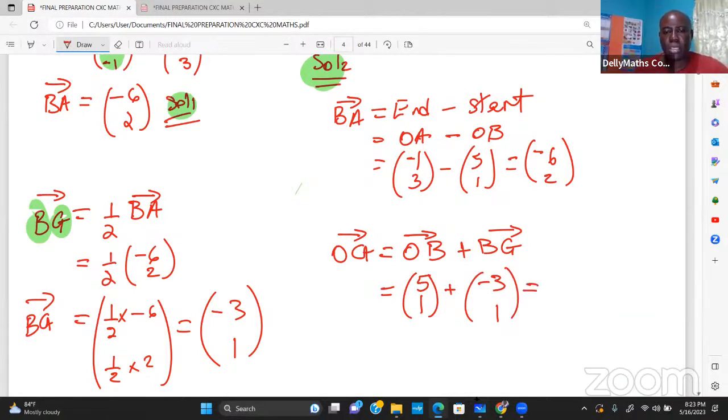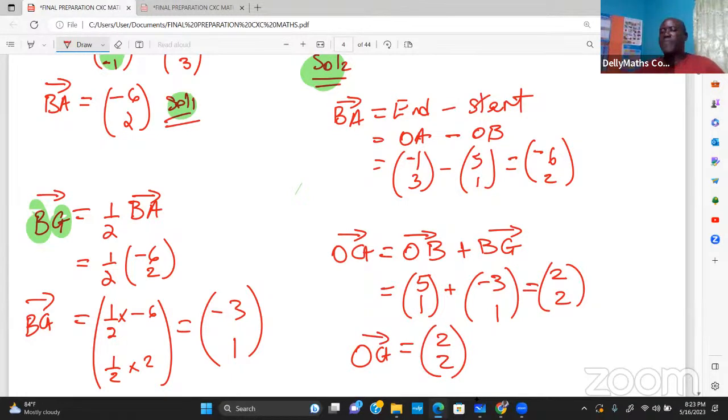Finally, 5 plus -3 is 2. 1 plus 1, 2. So we could conclude that OG is (2, 2). There it is. Straightforward thinking, you know, vectors is not what most people make it to be. It's simply a walk. And a lot of times a triangular walk will always help.